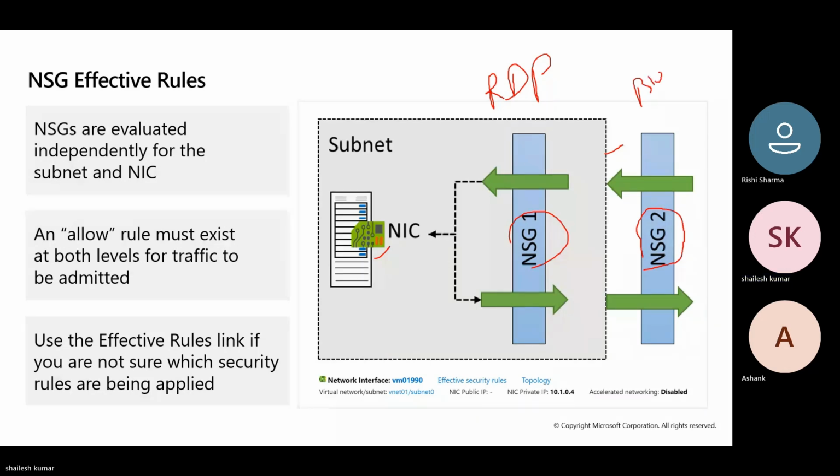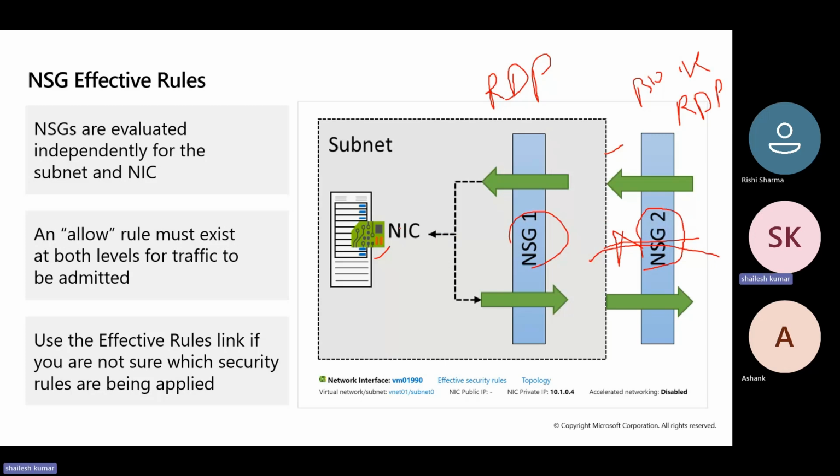block RDP, then what happens? If I block RDP on this subnet, then traffic does not enter into the subnet. RDP traffic will not enter. In that case, you can't take RDP of the VM also.